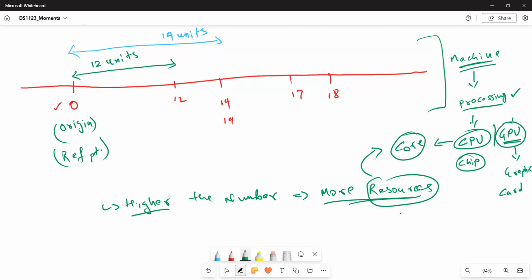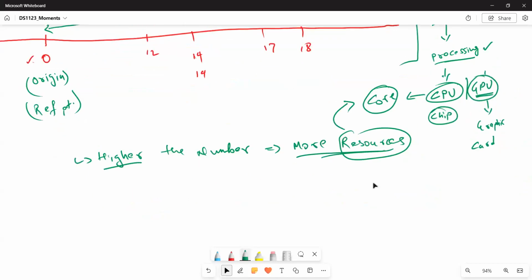The overall idea here is, the higher the number, the more resources will be consumed in any processing. And if more resources are consumed, you will not be able to work on large data sets, because in machine learning, it's all about the amount of data you're handling. The amount of data that you handle gives you a better generalization of the predictions that you're going to make.